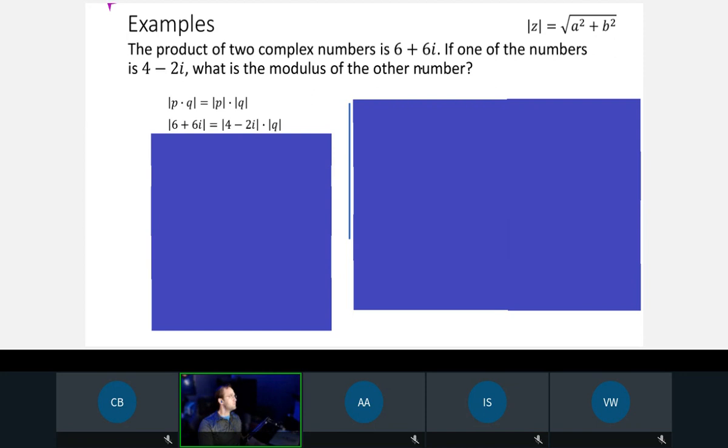What is the modulus for 6 plus 6i? What does that modulus equal to? 6 rad 2, rad 72, 6 rad 2, 12 rad 2.